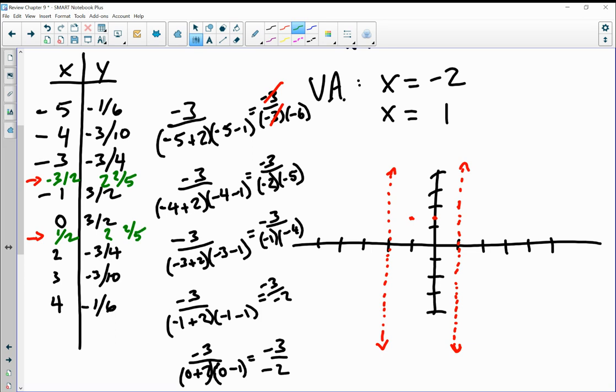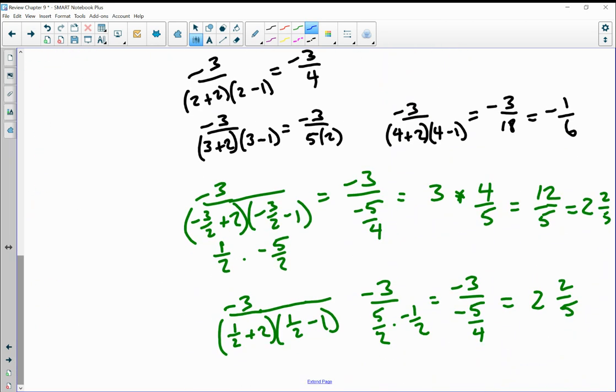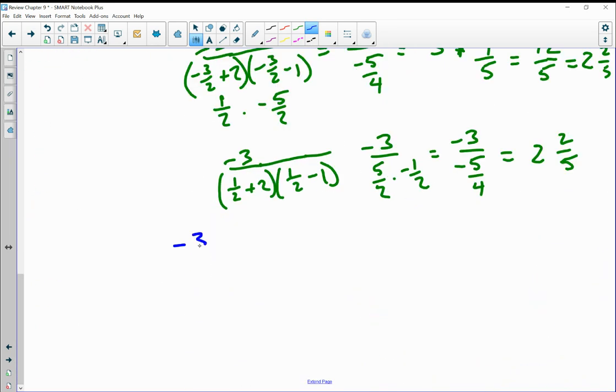Okay, and then remember the big picture item we always talk about. Let's see what's happening extreme on the left, negative 100, and then we'll plug in positive 100. So negative 100 gives us negative 3. And then negative 100 plus 2, negative 98.